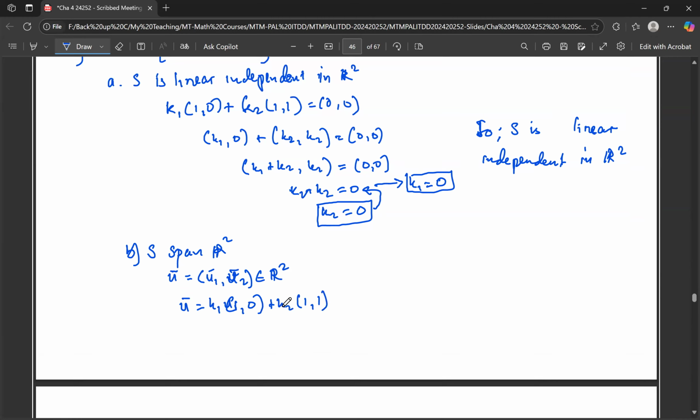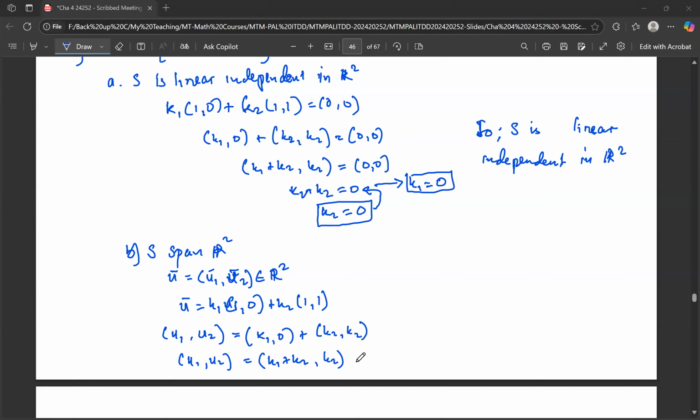So we must find k1 and k2 for any u. Then (u1, u2) is equal to k1 times (1, 0) plus k2 times (1, 1), the same thing we have already in part A.